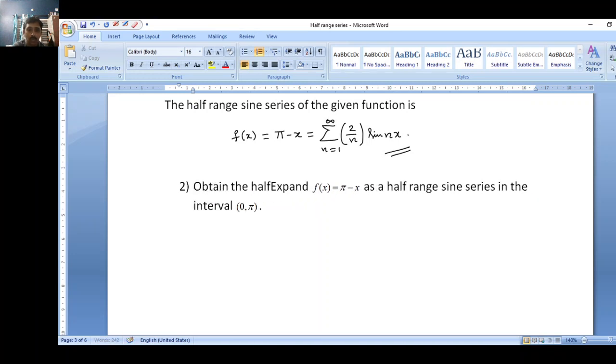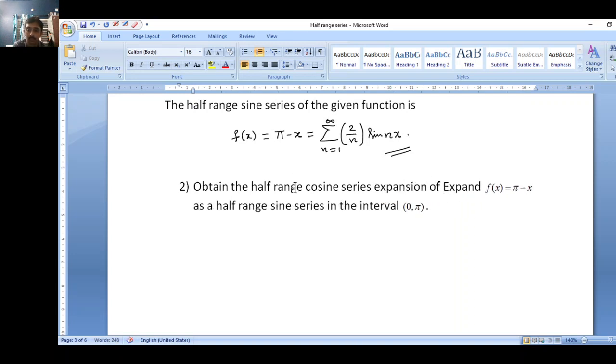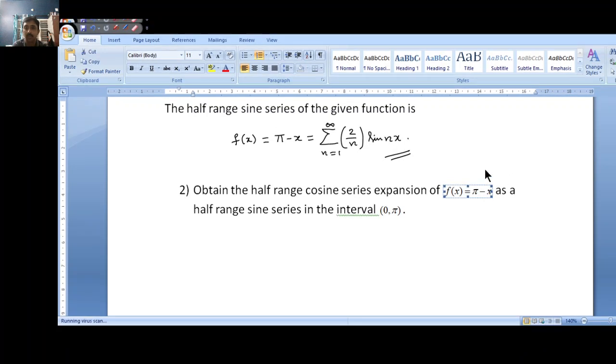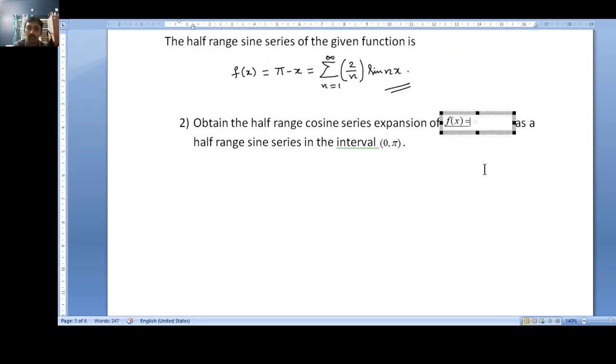Obtain the half range cosine series expansion of f of x, suppose we are given f of x to be something like this. Just 1 minute, I'll write it down for you here.